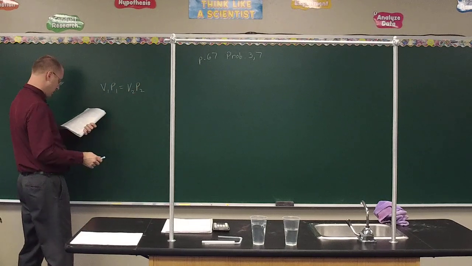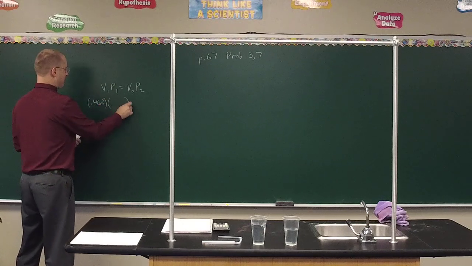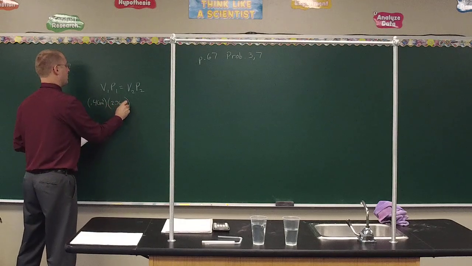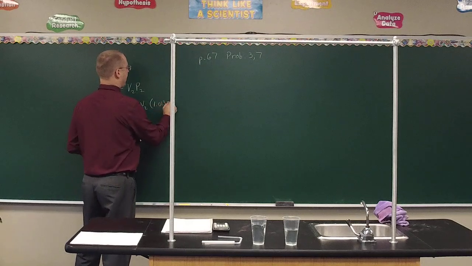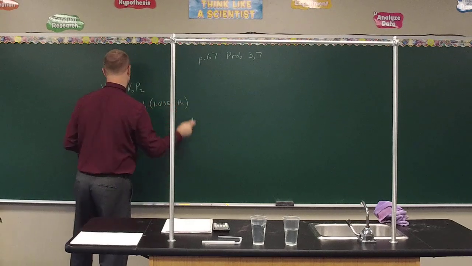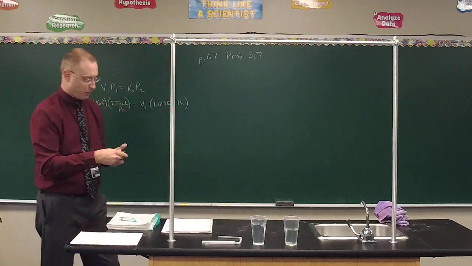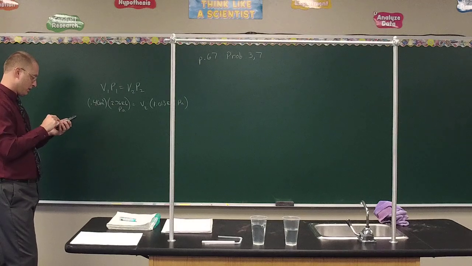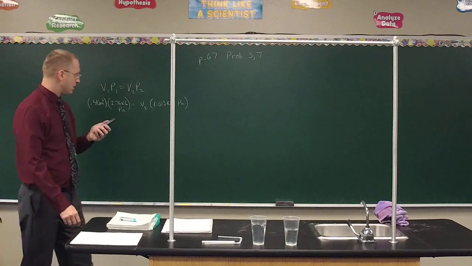So we take the volume of 0.40 cubic meters, multiply by the initial pressure at which that volume exists, and divide by the new pressure, 1.013 E5 pascals, your standard atmospheric pressure. What do we get for the volume if we were to release this oxygen out into the atmosphere? Audrey? 10.9 meters cubed.